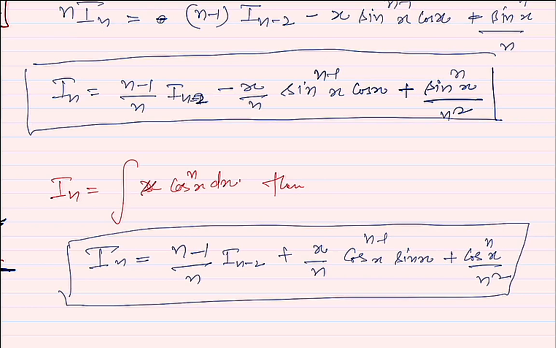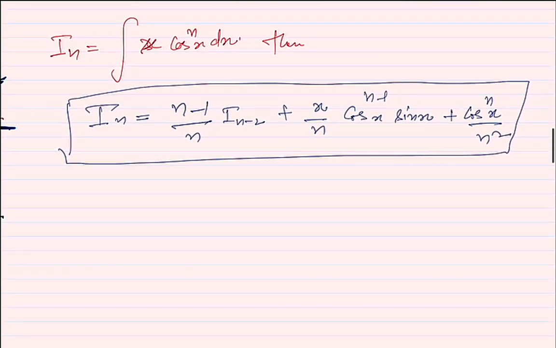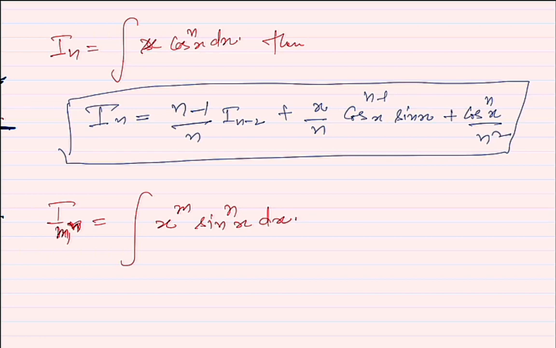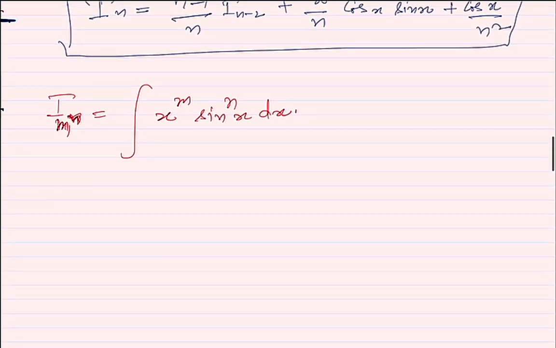And similarly, let us generalize it to more. What will happen if your in is, now imn, so I am generalizing this more. If instead of x you have x raised to power m sin nx dx, okay, then what will you do?